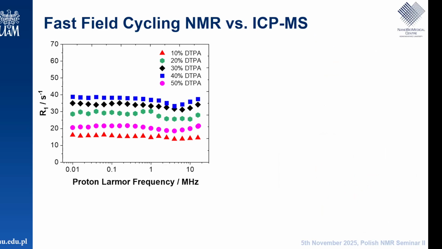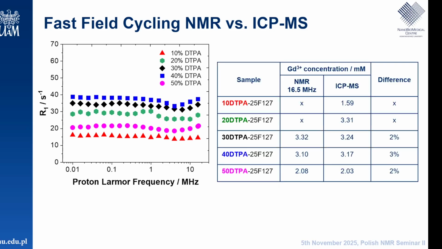We can say this is boring, but it's not, because it was very interesting for us that the extreme samples, the ones with 10% and 50% of DTPA, have the lowest relaxation rate, and that was really strange for us. That's why we measured the concentration of gadolinium in our system, and we used 2 methods.